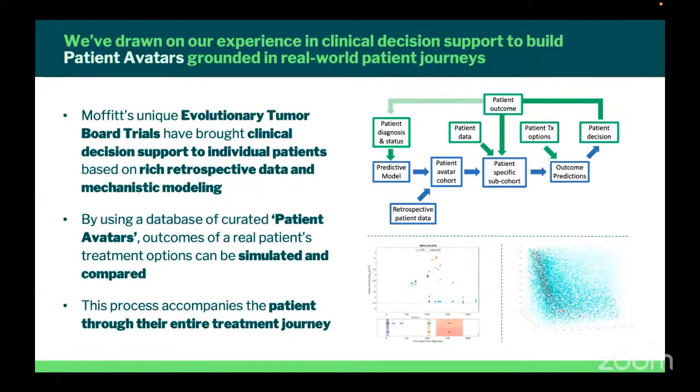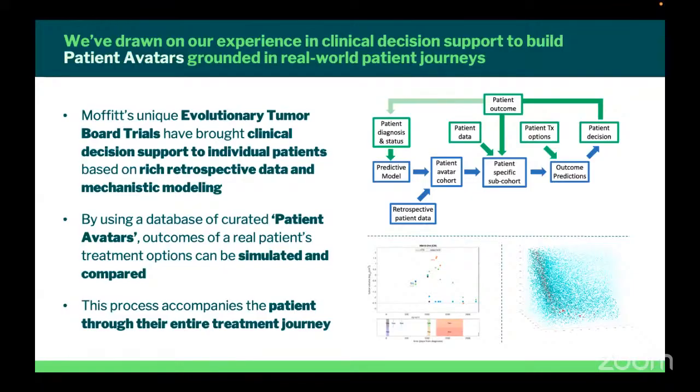So in green, up here on the right, is a traditional patient journey. Once they get diagnosed, they have their data that contributes to putting them on a certain treatment pathway. Decisions will be made about treatment with the patient and the clinician. Those treatments will be implemented. There will be follow-up data. And then that loop continues where you continue either the existing treatment or make modifications, switch to new treatments, et cetera.